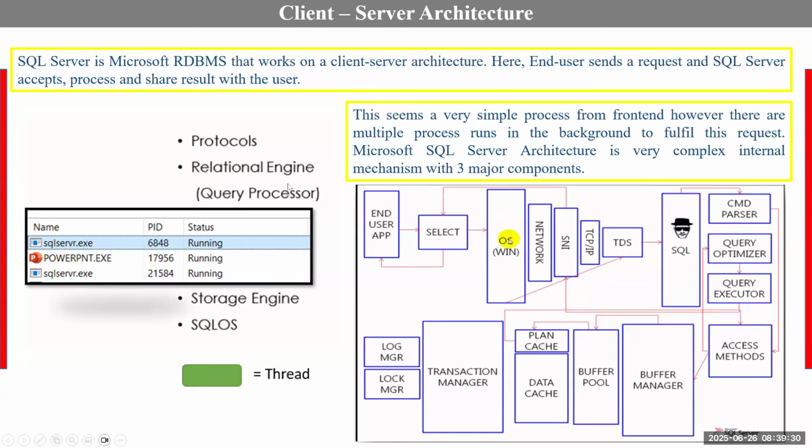In the relational engine, there are three major components: one is the command parser, one is the query optimizer, one is the query executor. Today I am talking about the query optimizer only for 5 to 10 minutes. In advanced performance tuning, I will talk about it for 3 to 4 hours. It's not easy to understand, sir.